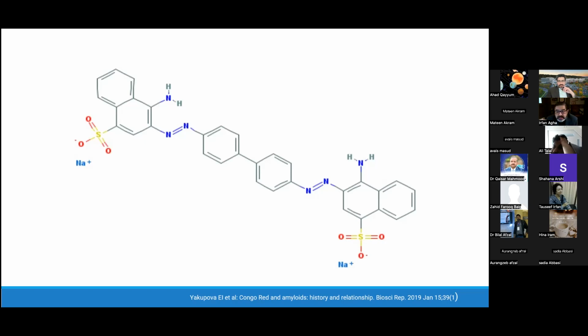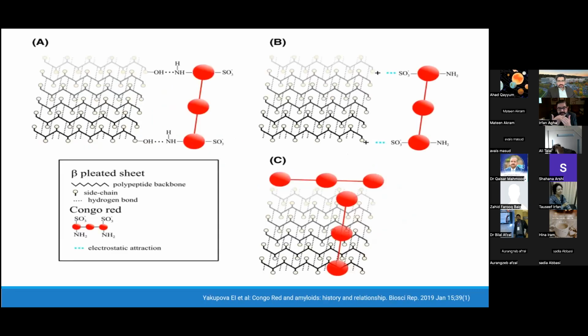Cotton is mostly cellulose, which is in the plant cell walls, and so the Congo red attaches to the cellulose. Bennhold in 1922, so almost 100 years ago, used it in vivo and in vitro to identify amyloid. So that was the big leap, that this molecule binds to the amyloid structures.